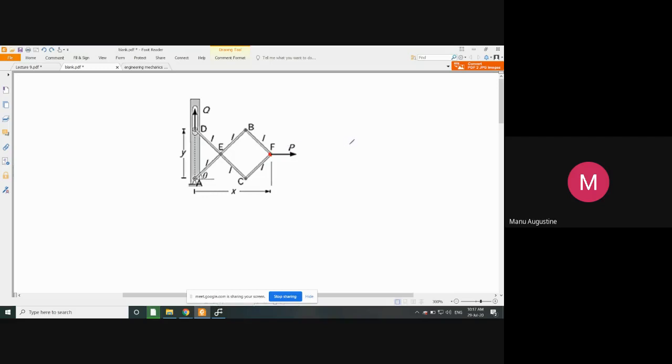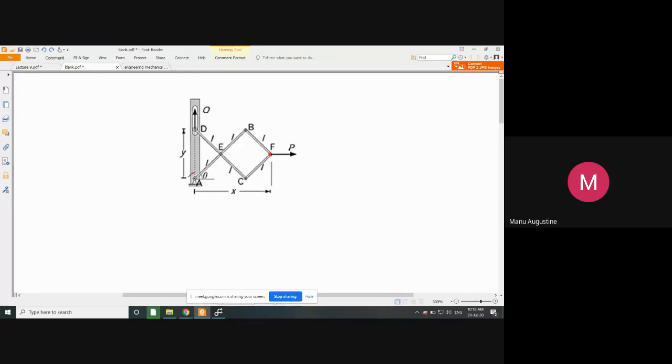So I hope that the concept of active force diagram that I explained to you in the previous class and the active force diagram that is drawn here or presented before you is clear now. So active forces only are included in active force diagram. Reaction forces can be taken in an active force diagram, which we will see later, in some cases, only when the point at which the reaction is being developed is free to move.